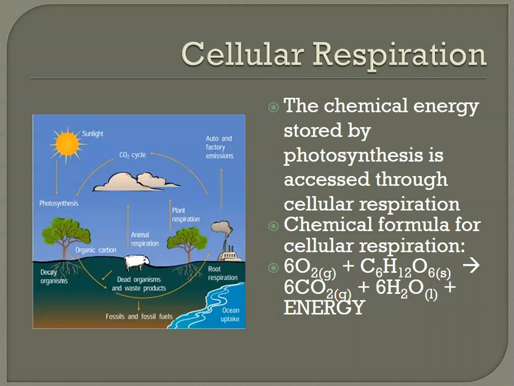It may be helpful to think of cellular respiration as being similar to the combustion of glucose. There is a significant difference between the two reactions, though. Liquid water is produced in cellular respiration, and water vapor is produced in combustion.